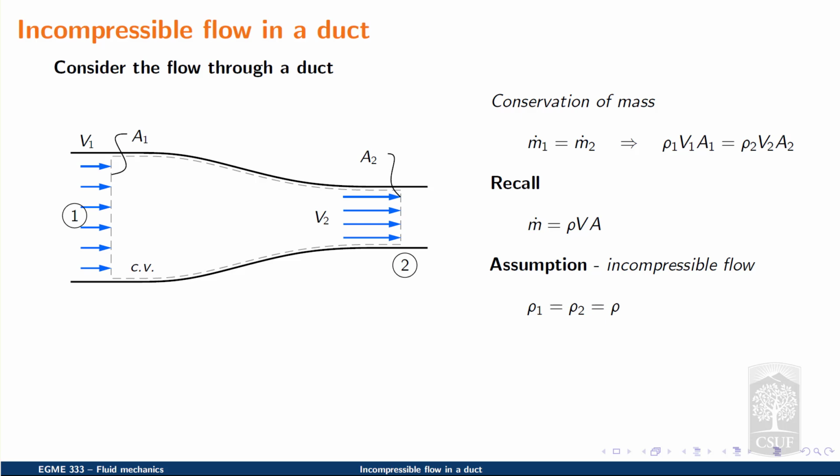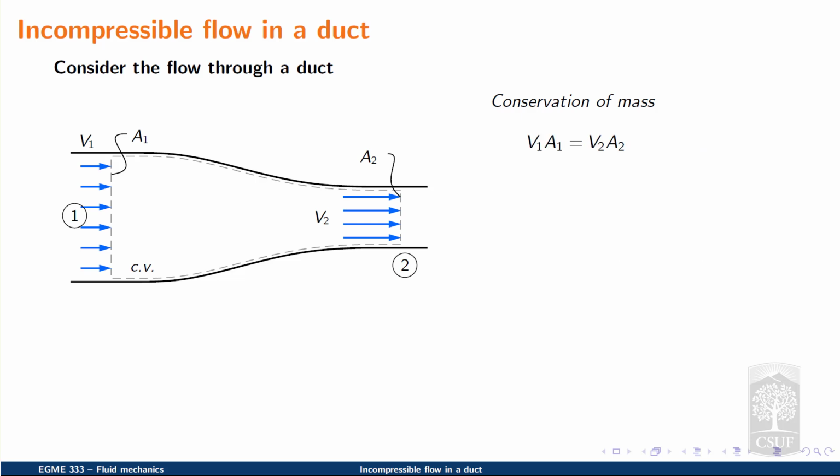However, for this problem, we can identify that both the left-hand side and the right-hand side of the conservation of mass equation have a density, rho sub 1 and rho sub 2 respectively. By assuming that the flow is incompressible and that these two quantities are equal to each other, we can simply cancel them out from the entire expression, which simplifies the conservation of mass to v sub 1 times A sub 1 equals v sub 2 times A sub 2.